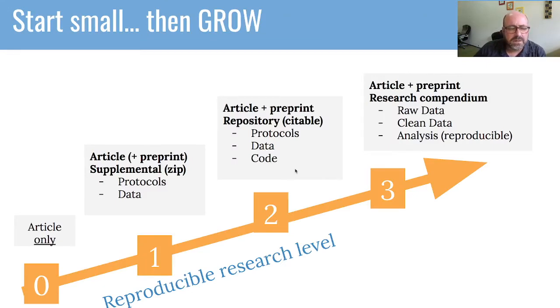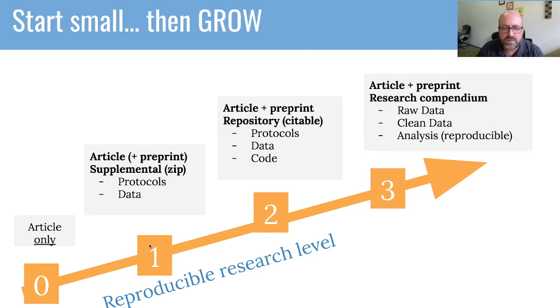So we talked about learning new things, and I know that there will be a learning curve if we want to embrace reproducibility. We talked about technology and about software too. And let's start with the basic level, which is level number 1.